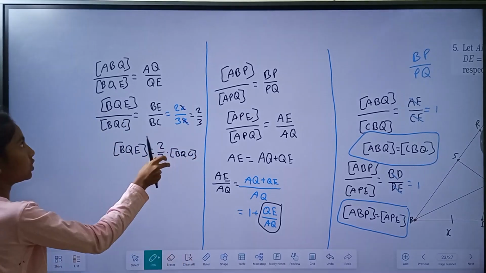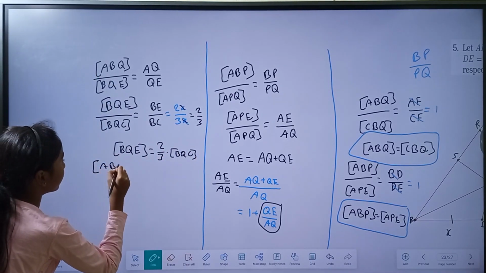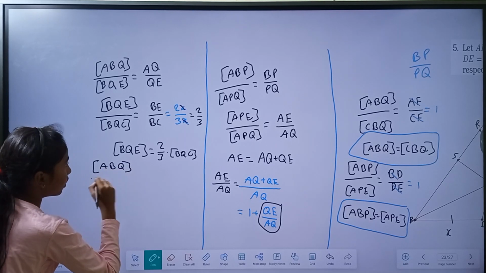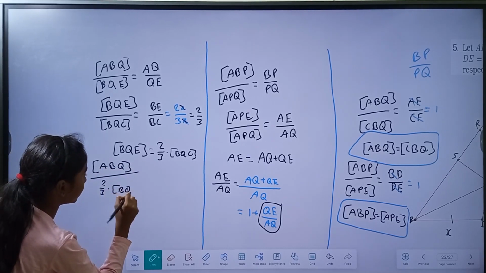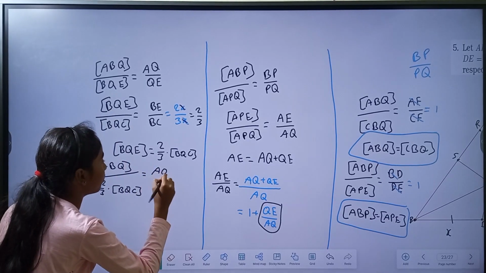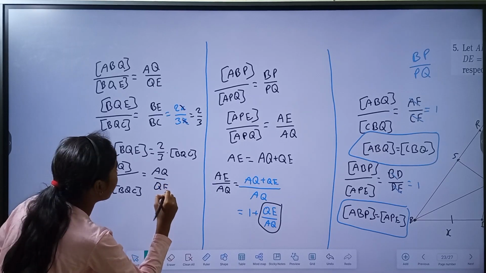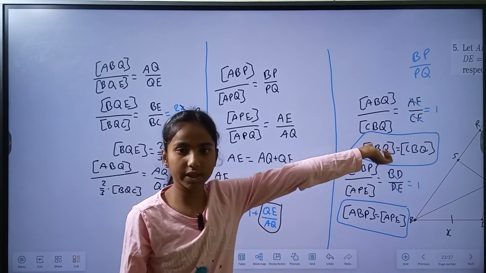We can substitute this value into the ratio: ABQ divided by 2 by 3 into BQC equals AQ by QE. We have ABQ and BQC, and at the start we proved that these two areas are equal.